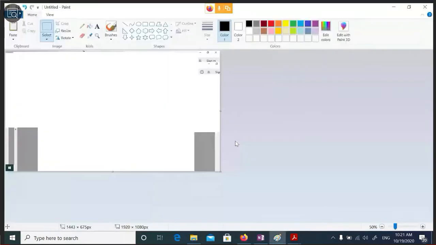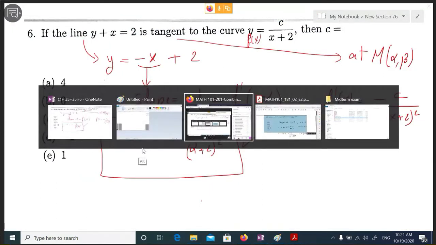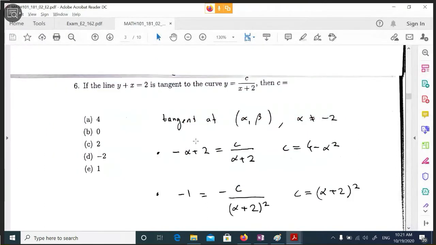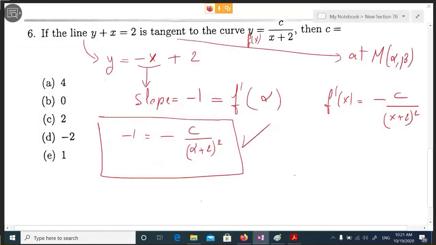Okay, this is an equation. This is what we have here, the second one. You see it? Now we have another one. From where do we get it?